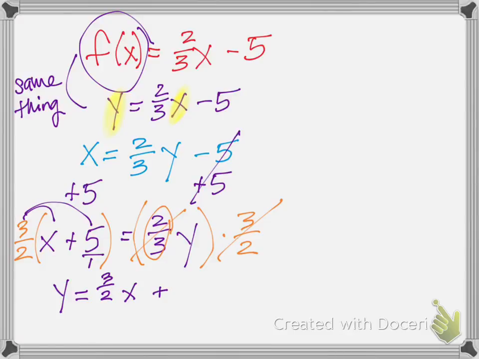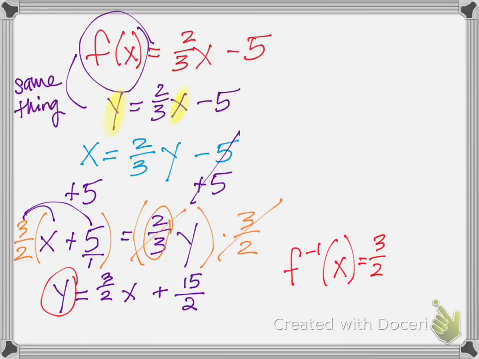I multiply across. 3 times 5 gives me 15. 2 times 1 gives me 2. And then the final step is to switch the y back to the inverse function. So my final answer would be the inverse of f of x equals 3/2 x plus 15 over 2.